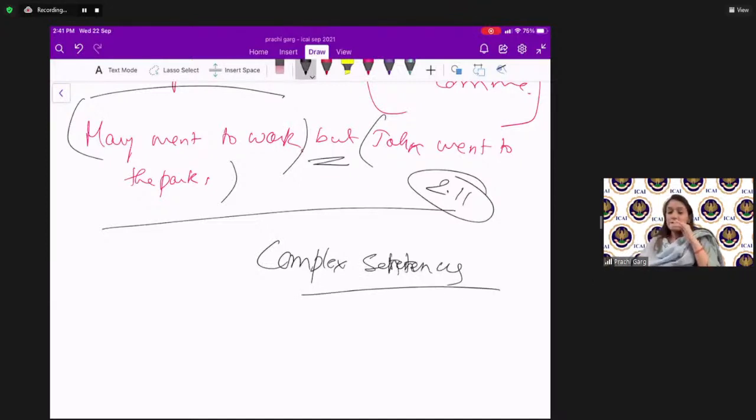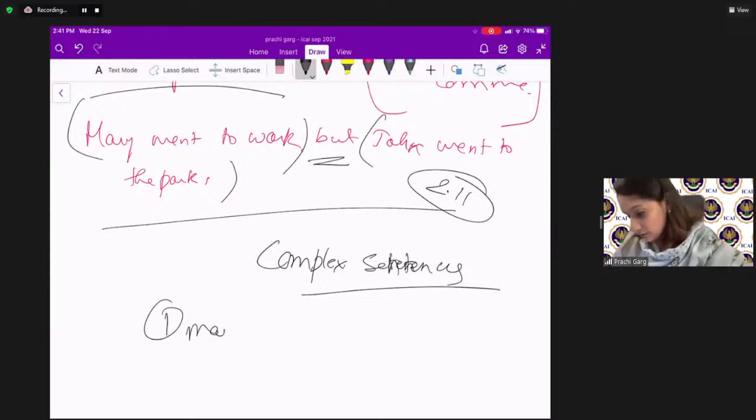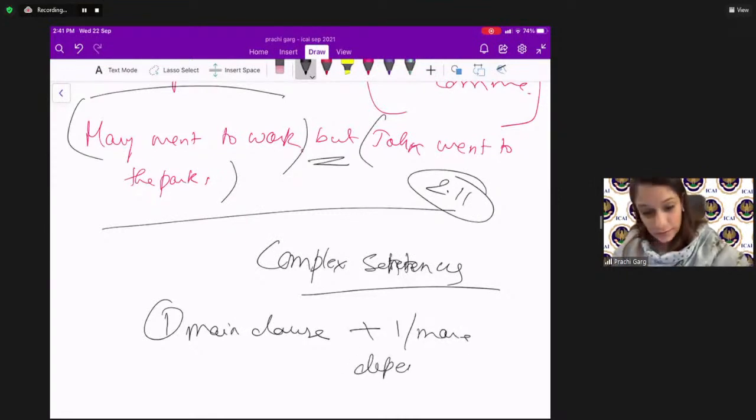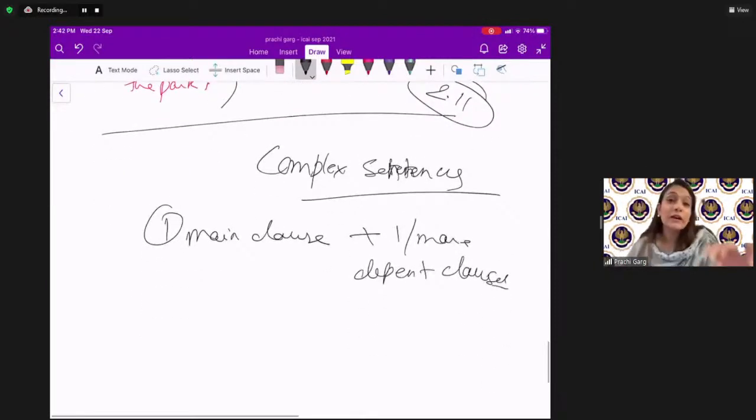Okay, so now complex sentences, as the name suggests, are a bit complex. How is it complex? Let's look at that. In a complex sentence, you have at least one main clause, and then you have one or more dependent clauses.